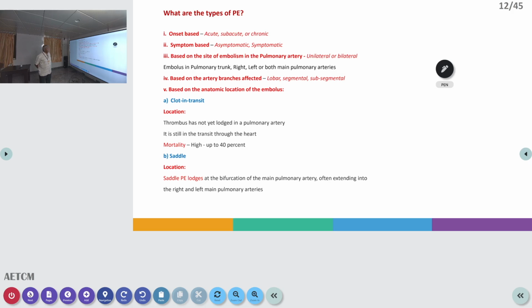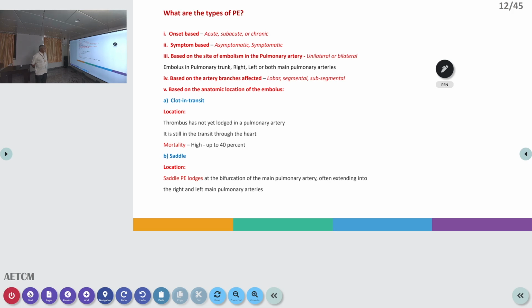Depending upon the anatomic location of the embolus: once it gets detached from the source, it does not directly go to the pulmonary artery. Sometimes it may be in the right ventricle itself, not entering the pulmonary artery. This is called clot in transit.